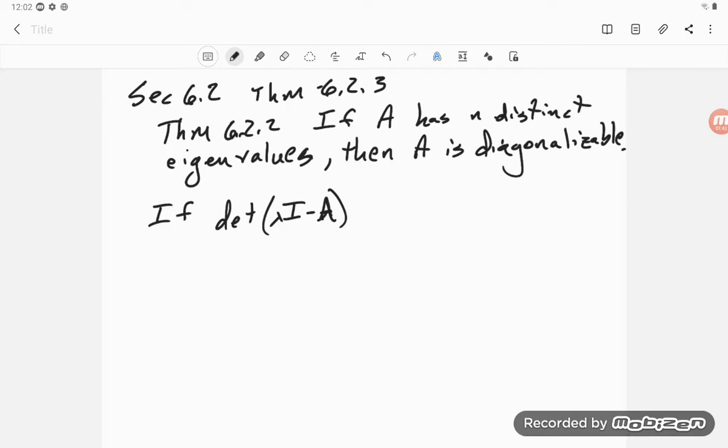Might be the negative of it, but we're setting it equal to 0 anyway, so you can multiply through by that negative.